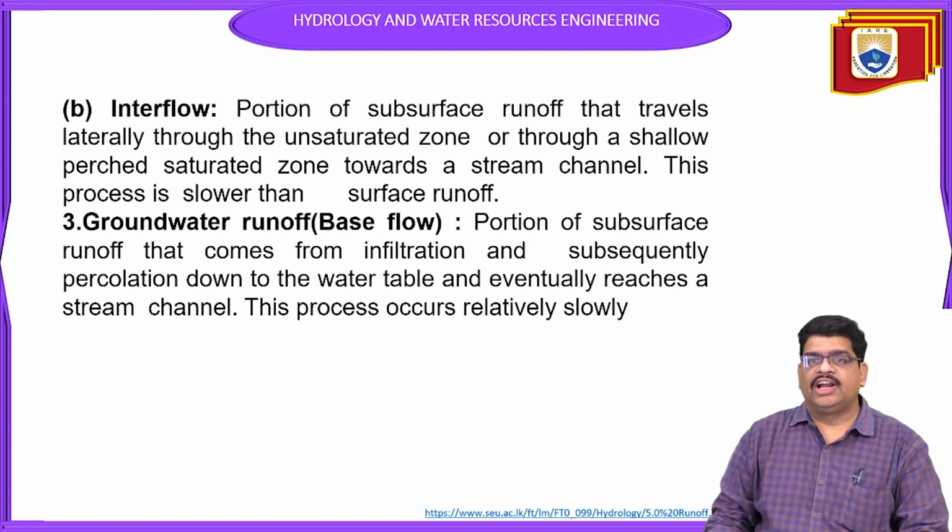The next is groundwater runoff, which we call base flow. In base flow, the portion of subsurface runoff that comes from infiltration and subsequently percolates down to the water table eventually reaches the channel. Such a flow is called base flow or groundwater runoff.